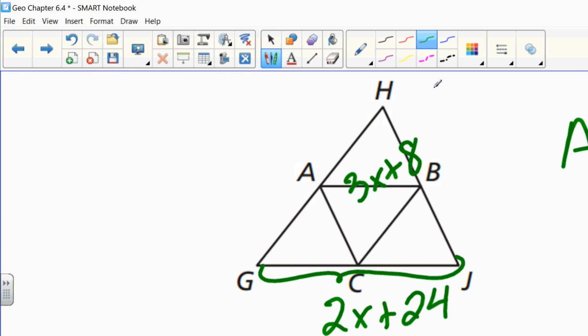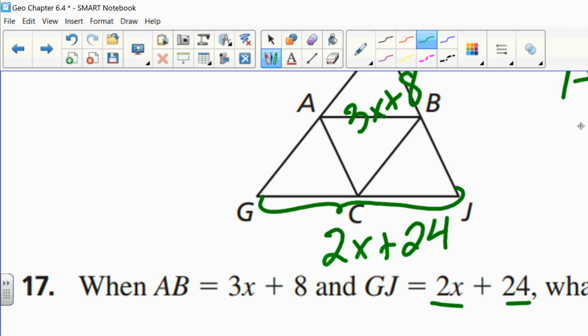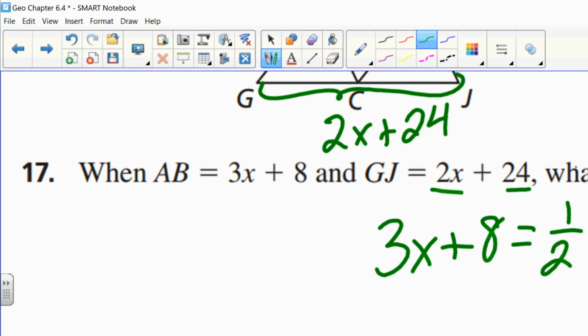2x plus 24. Are 2x and 24 both even? So we can multiply by 1/2 and get whole numbers, yes? So let's do that, because if it works out nicely, we can use it. AB equals 1/2 of 2x plus 24.